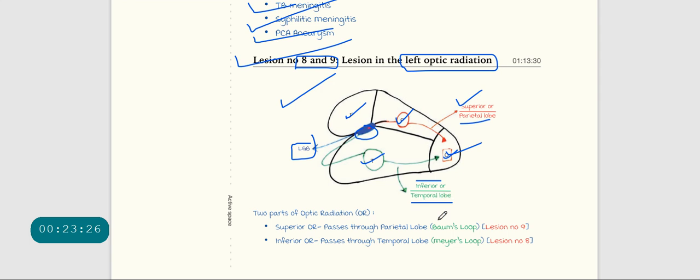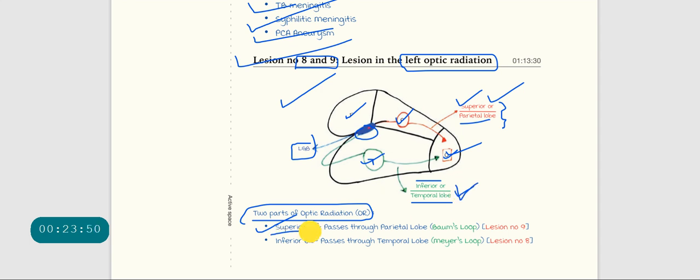So there are going to be two parts of the optic radiation, the superior one and the inferior one. The superior optic radiation part, which passes through the parietal lobe superiorly, is known as the Baum's loop.